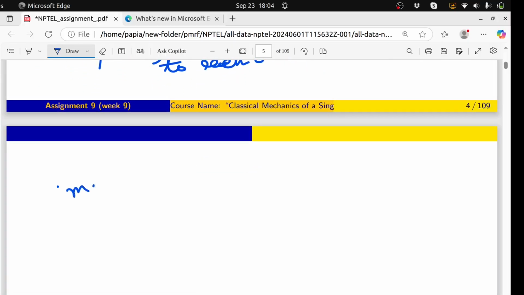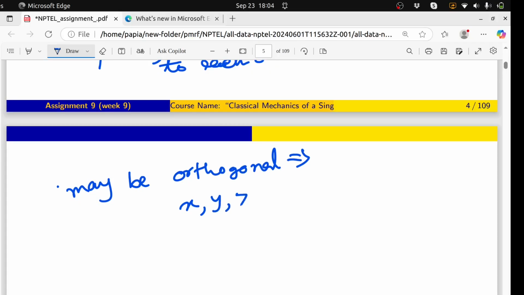Maybe orthogonal: in that case I can have x, y, z with x perpendicular to y perpendicular to z.